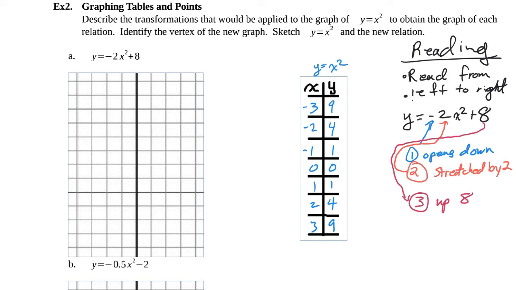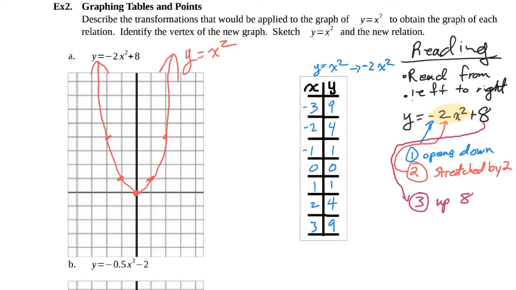All right, now let's create our base graph and then show all the transitions from number 1 down to 8. So based on our original graph, we get this for y equals x squared. Now, in order to change it into y is equal to negative 2x squared, which represents the stretch, we have to turn y is equal to x squared into negative 2x squared.